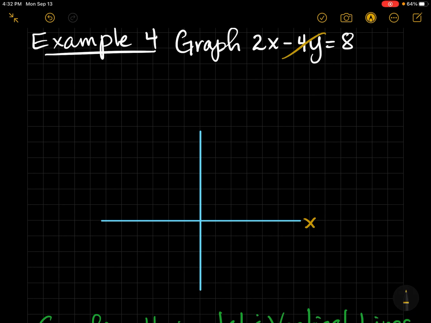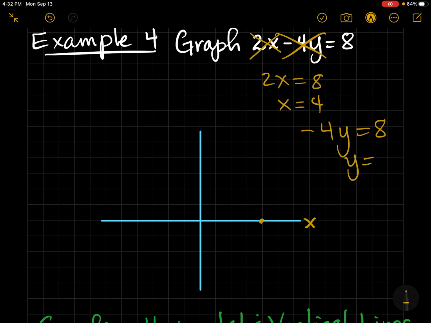I'm going to ignore this, okay? So what I really have is 2x equals 8 or x equals 4. And most of you can even do that in your head. Then if I were to x out the 2x, I could still see that that's -4y equals 8 or y equals -2. And I can quickly see where these lines are, okay? Or see where the points are so that I can graph this line.